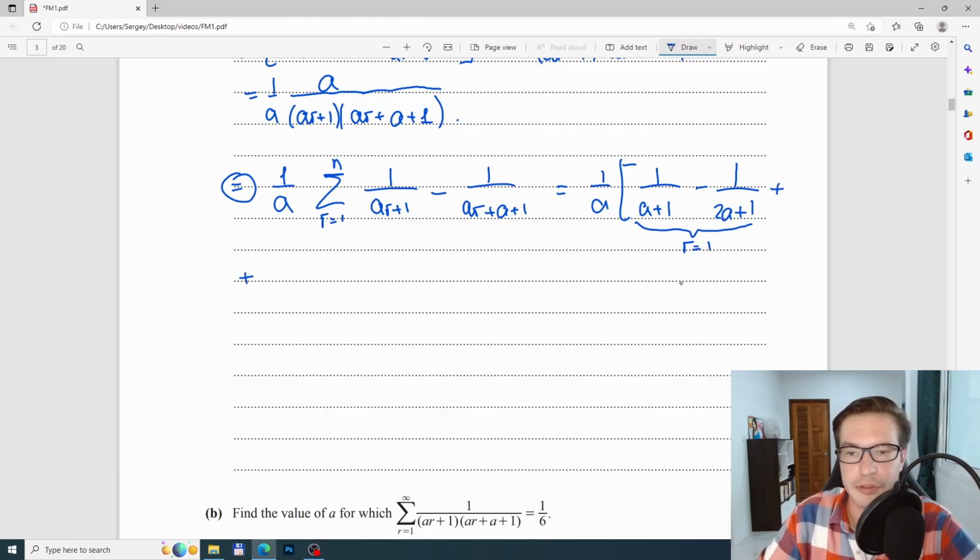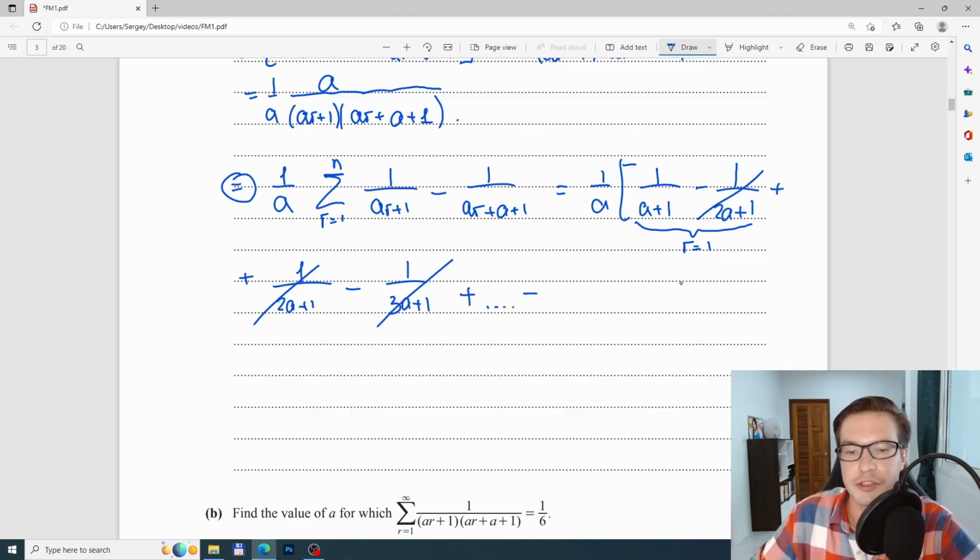Let's substitute R equals 2 and see what's happening. Minus 1 over 3A plus 1. So we can see that we already have some terms cancelling out.